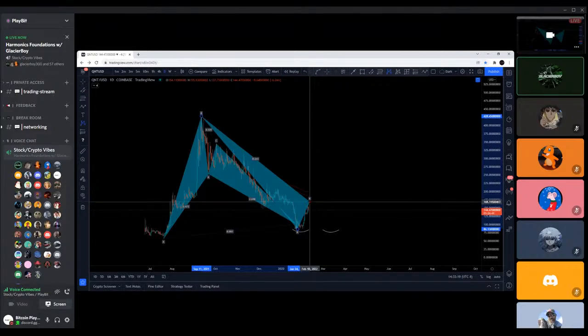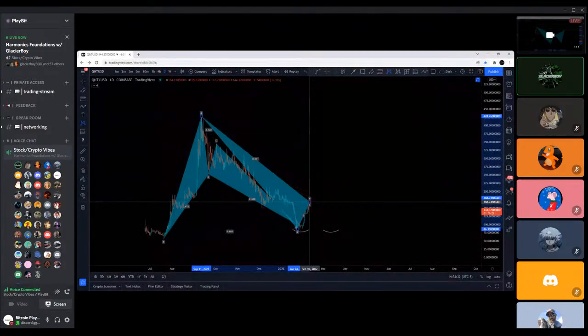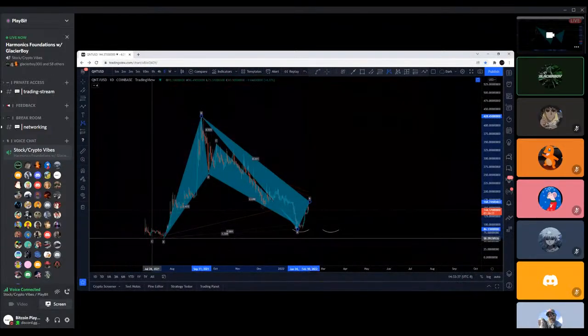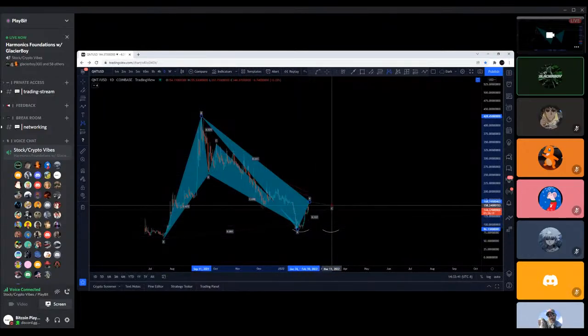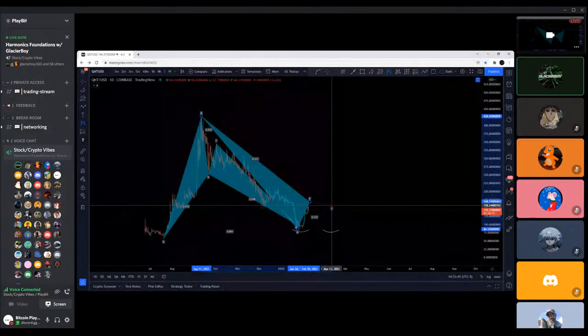And the reason why I'm doing 23% is that these are all harmonic fib inputs: 23%, 38.2, 50, 61.8, 78.6, 88.6, and then you get your 100% retrace, and then you go into 113, 127.2, 141.4, 161.8, so there's a whole thing.